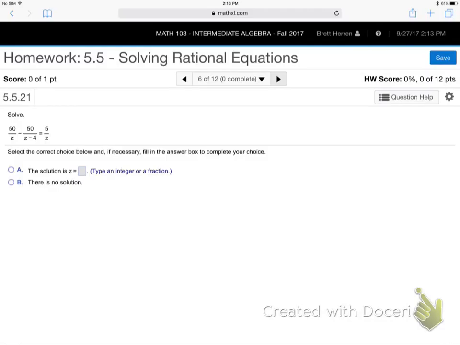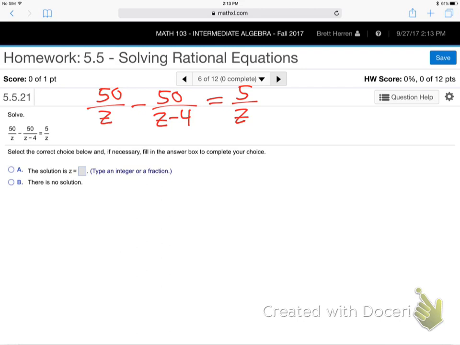All right, so we have 50 over z minus 50 over z minus 4 is 5 over z. Same thing. Multiply top by the common denominator. What would it be?